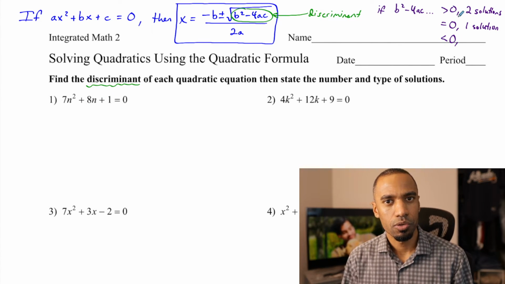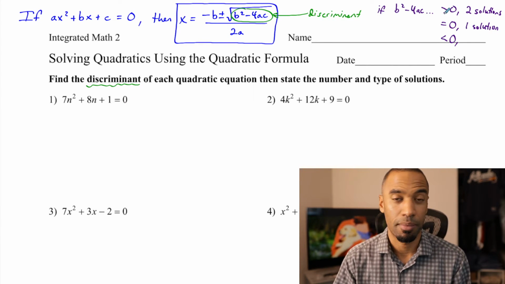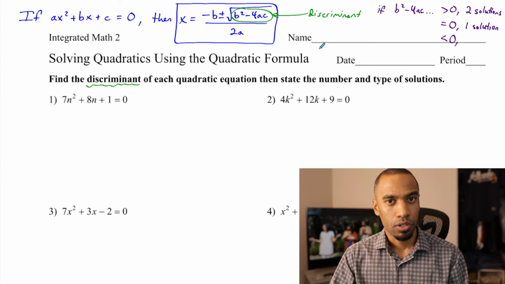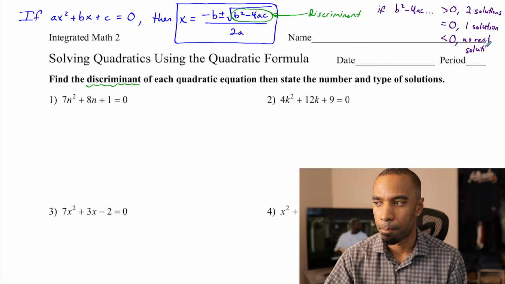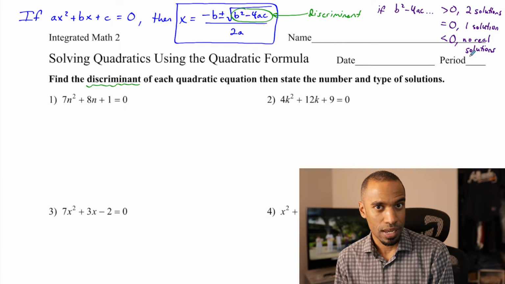They're not real solutions. There are things called imaginary solutions, which is something that I believe for my students I'll dive into in a later unit. For now I'll say no real solutions, but it is also two imaginary solutions. Right now we'll just state the fact that they're not real.